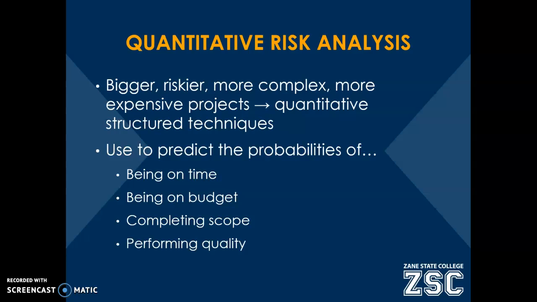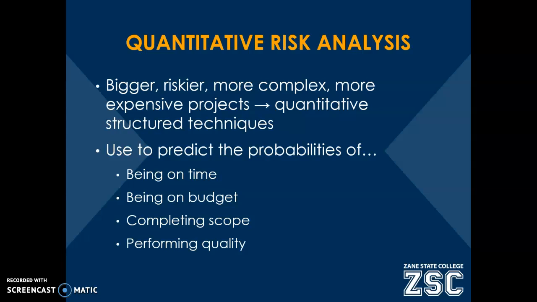Quantitative risk analysis, compared to qualitative, is bigger, more complicated, more time consuming, where we essentially do a real statistical analysis looking at measurements and numbers and come up with a more scientific or numerical based probability of risks occurring.